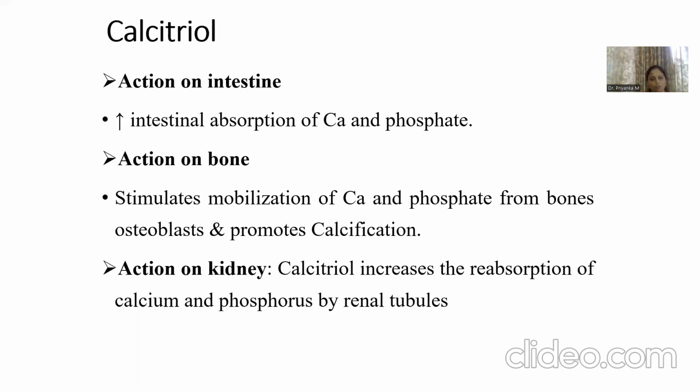So finally, what is the role of calcitriol? It increases the serum calcium level, by increasing the intestinal absorption of calcium, by stimulating osteoblastic activity, that means mineralization of bone, and by increasing the reabsorption of calcium and decreasing the excretion.